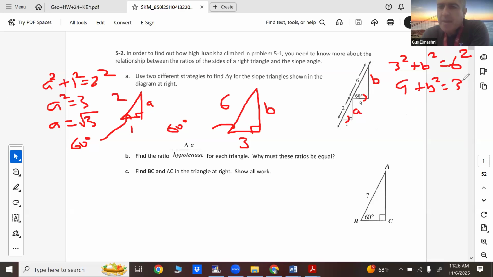B squared is 27. There we go. I know it seemed off. When you square root that, this is why I'm so bent on you guys learning how to simplify radicals more easily. We've got to work on that. What factor of 27 is a perfect square? 9, yeah. Good. So you get 9 times 3. And of course, it's 3 root 3.